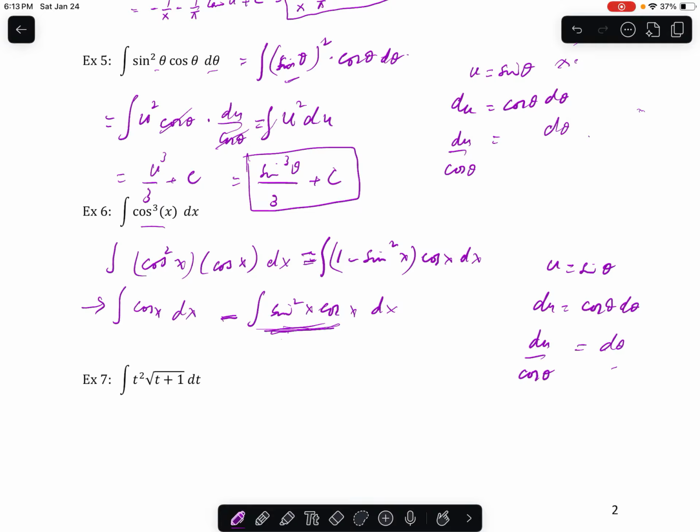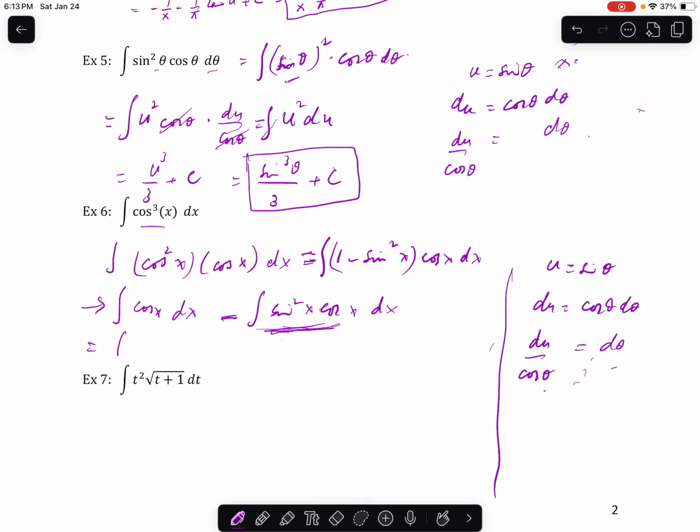Now if you want to use the substitution, you cannot use u in the same substitution. Okay, we didn't use the substitution before, right? So this is what we are getting. d theta is du over cosine theta. So apply that over here.